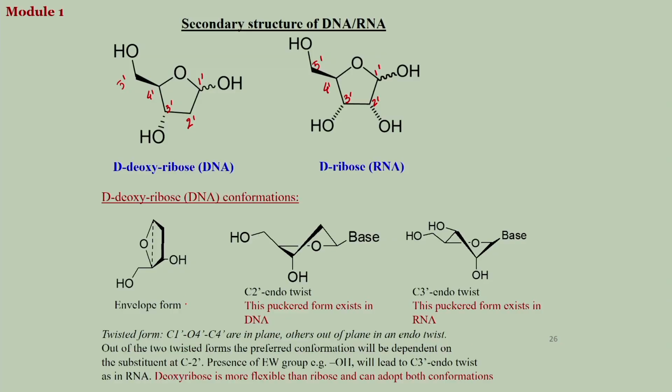Here also the same thing, the ribose sugar moieties have an envelope form. And now, if you consider the DNA, this is oxygen. So, this is 1 prime, this is 2 prime, 3 prime, 4 prime. If you look at the deoxyribose, there is nothing here, there are just 2 hydrogens. At the 3 prime position, you have one hydroxyl group and that is down the plane.